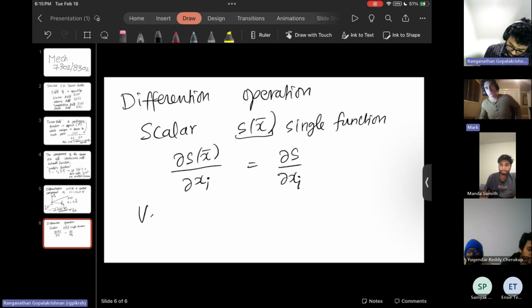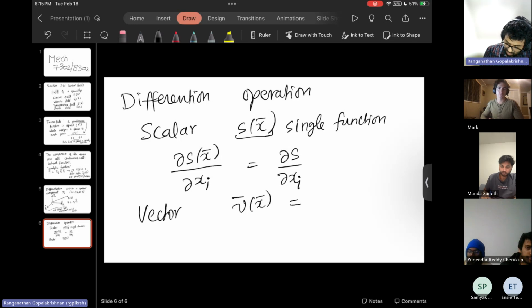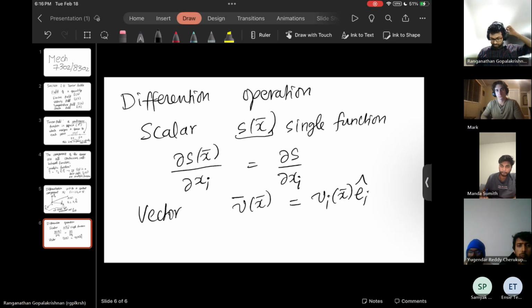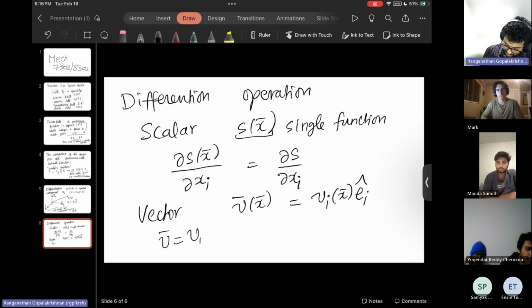And then if we think of a vector V that can depend on position, that is like writing Vi, which is a component which depends on position, times Ei. So this statement means we always write V equals Vi Ei. That is for a single vector.